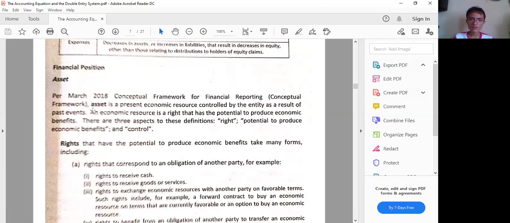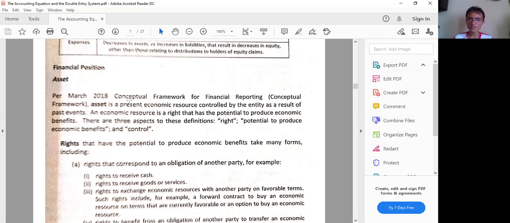Asset is actually revised, because before, the definition would make us think of an asset as really more on the physical, meaning tangible. However, we also have intangible assets now. Actually, that's been so for a long time already. There are assets that we do not have physically, but we have the right to control the benefits of the asset and to produce future economic benefits.